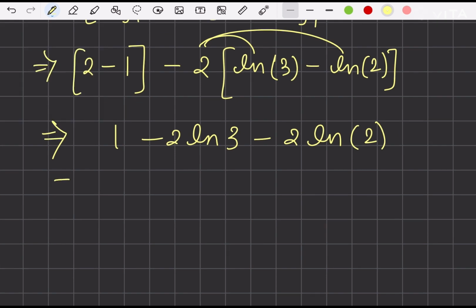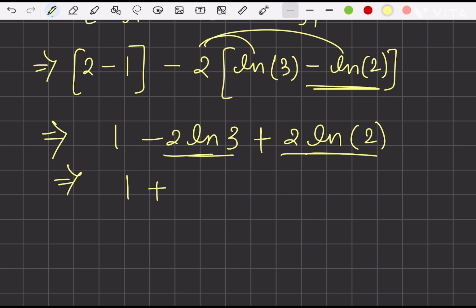Then further you can just put this in your calculator. So either you can write this as, minus 2 into minus 2, plus; minus ln 2 will become plus. So ln a minus ln b, we can write it as ln a over b.